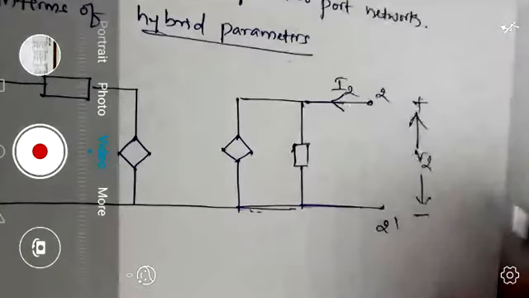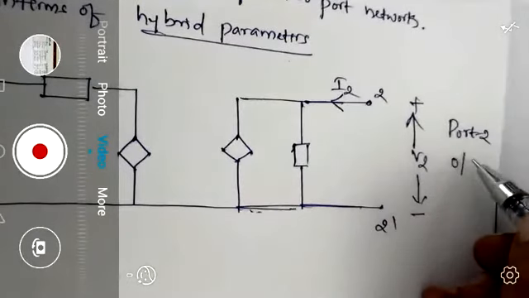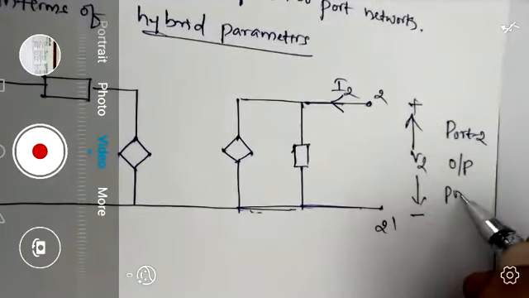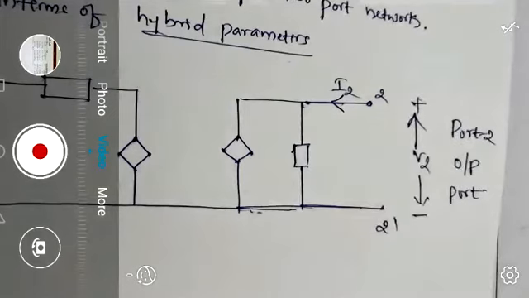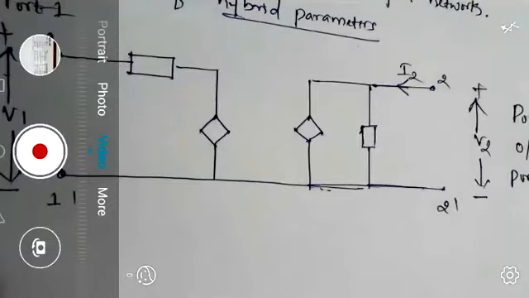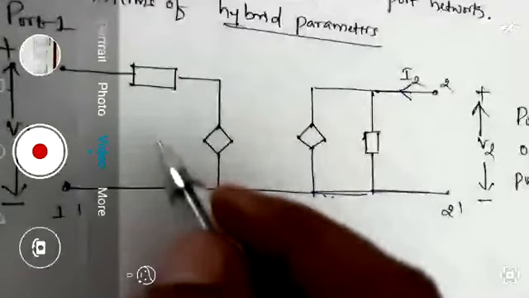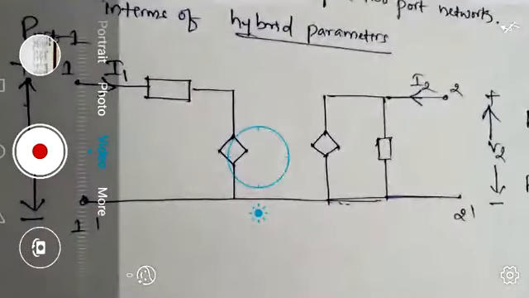This is port 2, or we can say output port. Okay, let us discuss here. Now current I1 is entering here. Okay, this parameter is H11.